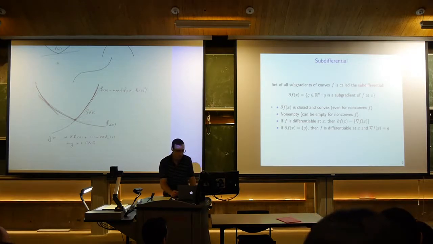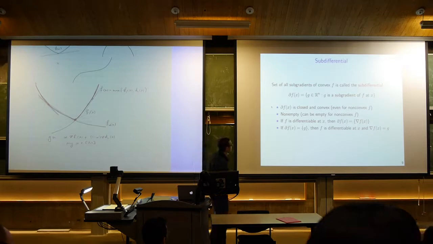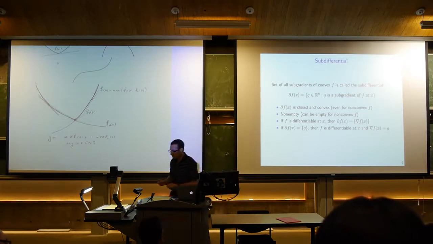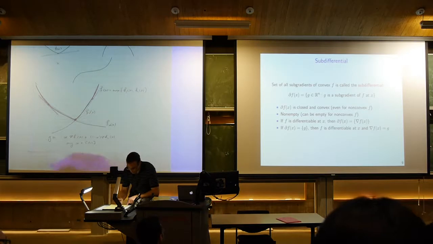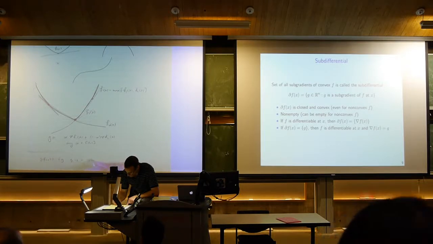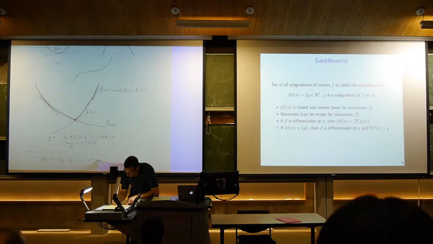Some properties of the subdifferential. It's a closed and a convex set. And that's true even for a non-convex function. It's actually quite an interesting property. Again, let's just spend a few seconds thinking about why that's true. So remember, this is the set of all g such that g is a subgradient of f at x.